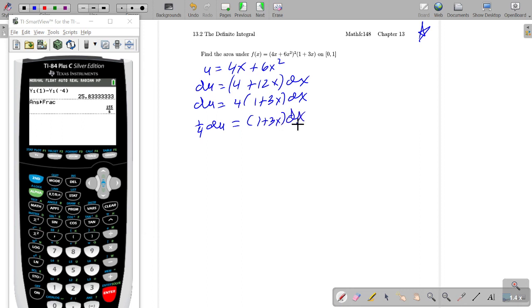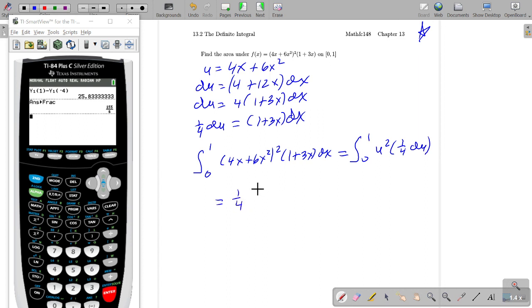So the integral from 0 to 1 of 4x plus 6x squared, times 1 plus 3x dx, equals the integral from 0 to 1 of u squared times 1/4 du, which is 1/4 times u cubed over 3, evaluated from 0 to 1.